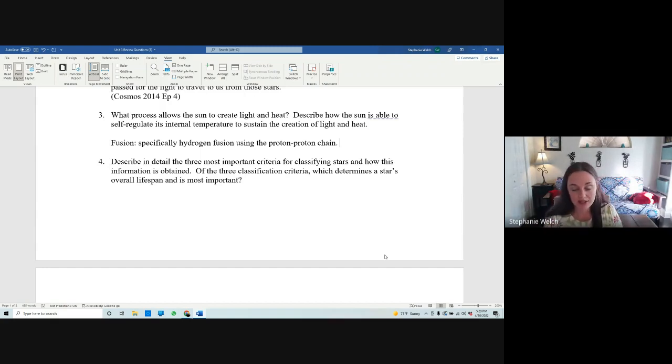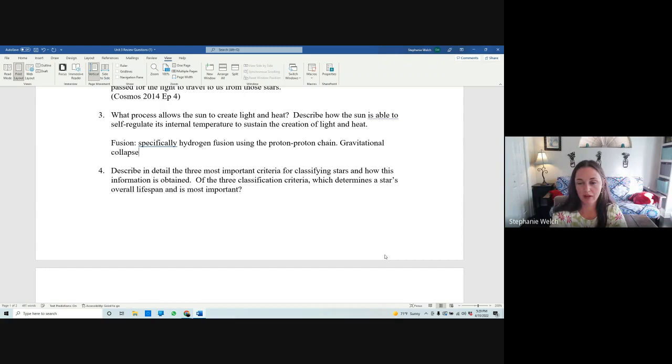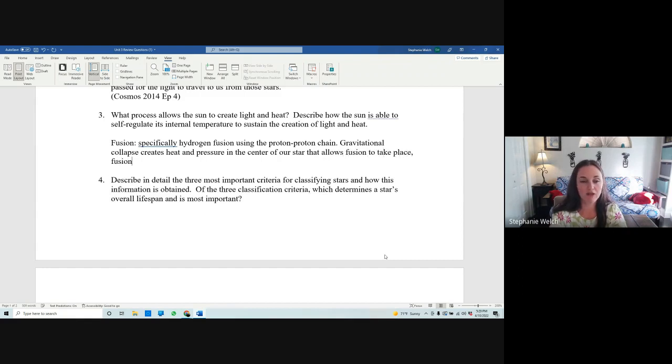So what happens is that gravitational collapse creates heat and pressure in the center of our star that allows fusion to take place. And fusion creates an outwards pressure.